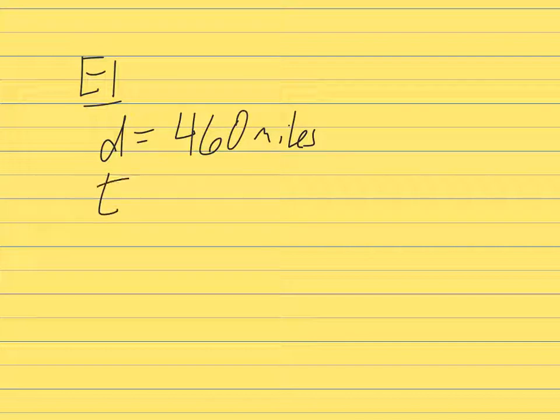So our time equals 8 hours. What is the average speed for the trip? Average speed is going to equal the distance traveled divided by the time that it takes.